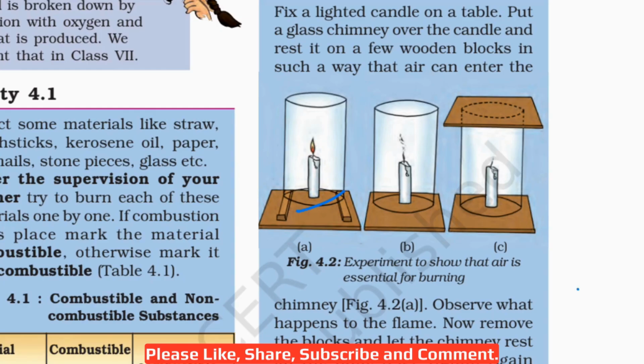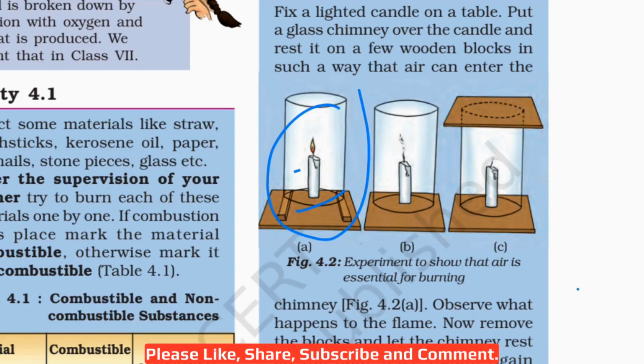Okay, see now what happens here in A, when the wooden blocks are kept beneath it, so the air was able to enter inside it. Okay, and we all know that air is very much needed for the combustion or for the candle to keep on burning. So because air was entering from down, the flame was burning steadily and unaffected because there was supply of fresh air.